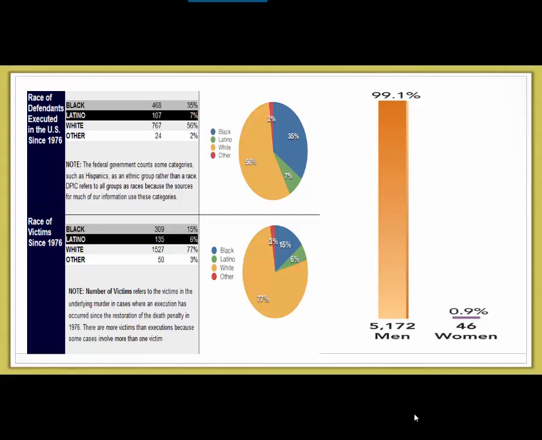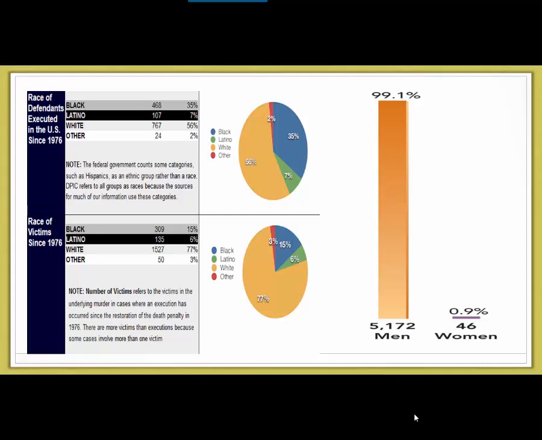If your victim was white, that dramatically increased the likelihood that you would receive the capital punishment, which isn't to say that Latino and black victims don't exist, but they make up less than about 20% of the victims in cases that received the capital punishment since the 1970s.